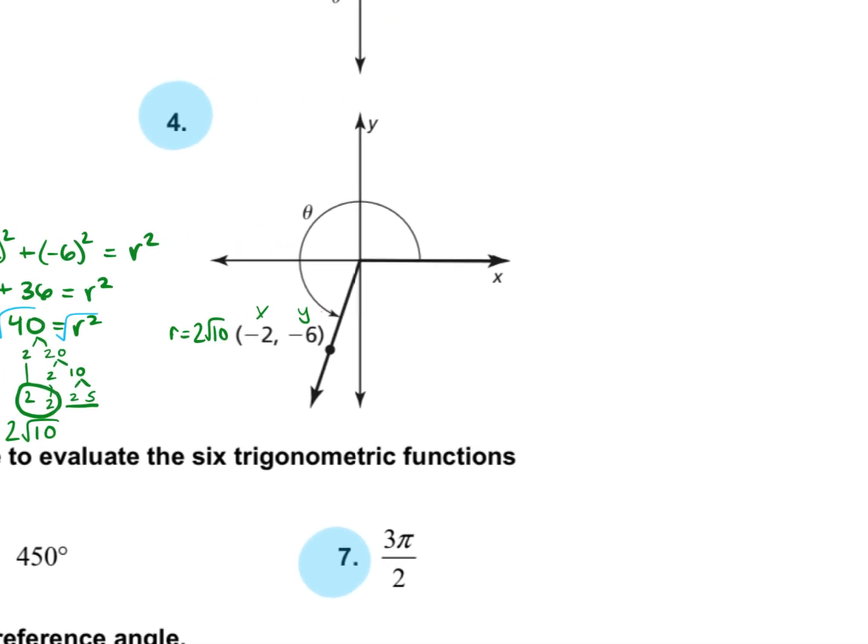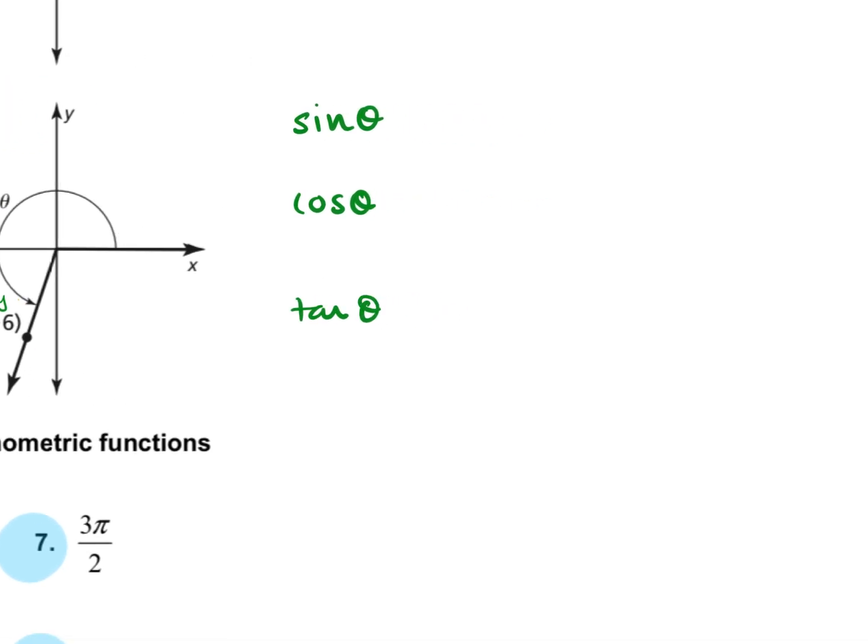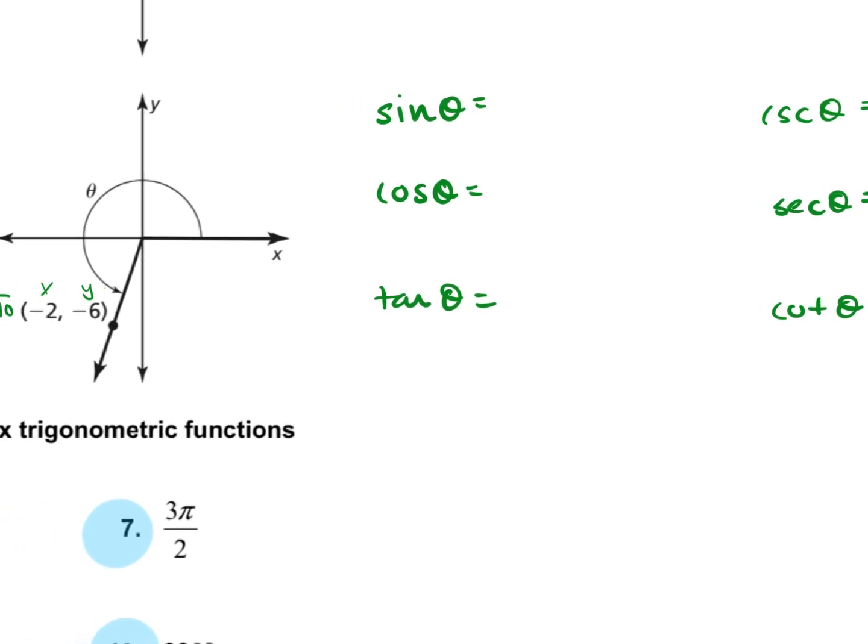So now let's find our 6 trig functions. Sine, cosine, tangent, cosecant, secant, and cotangent. Now here, it doesn't give it to us in opposite, adjacent, hypotenuse. It doesn't give us the triangle.